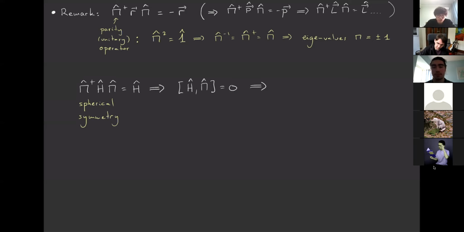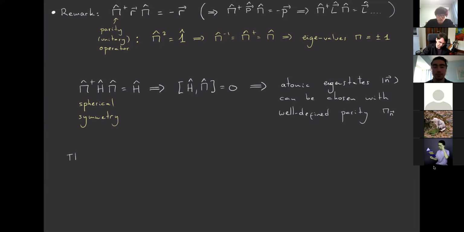And this in particular means, as I said, that the atomic eigenstates n can be chosen with well-defined parity. And let me call pi n the parity of the state n, okay? Then why is this interesting?